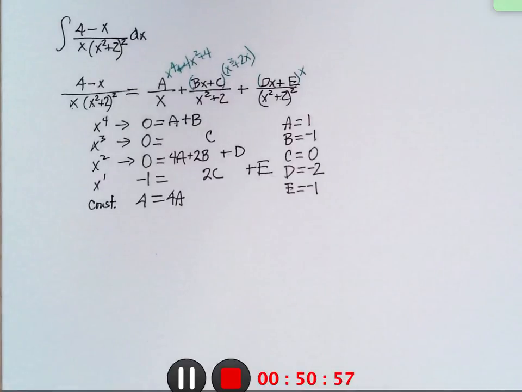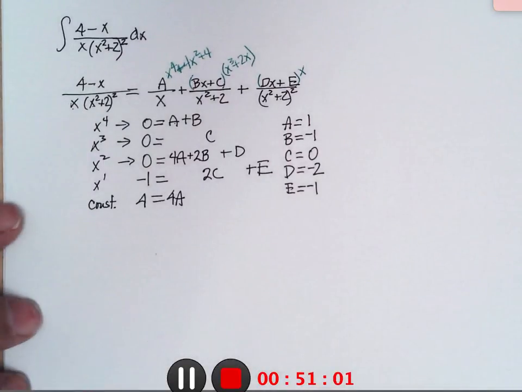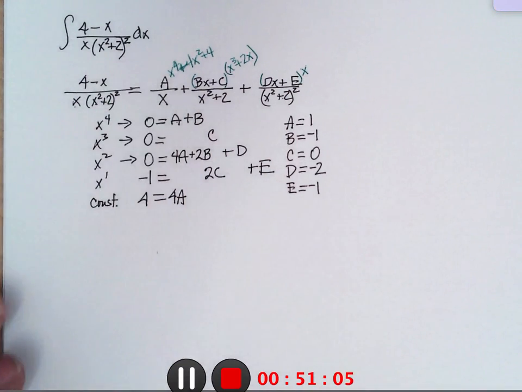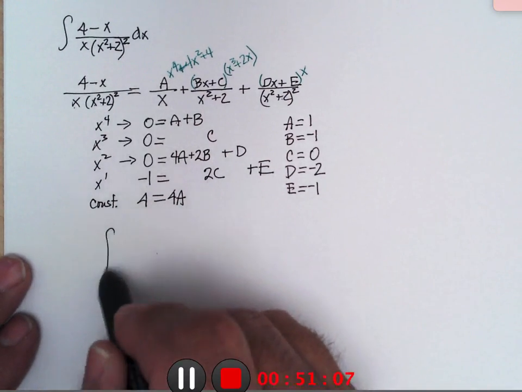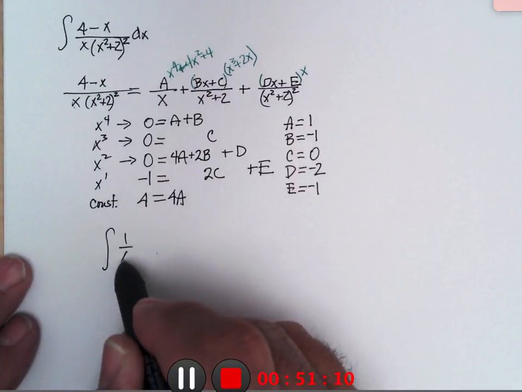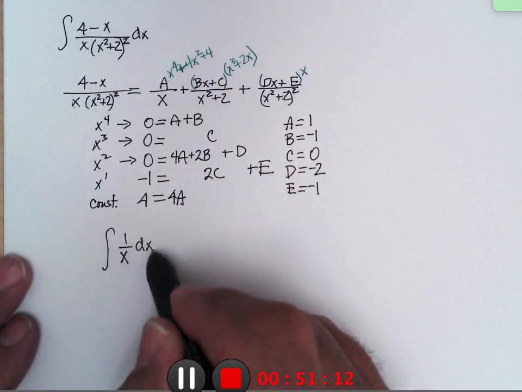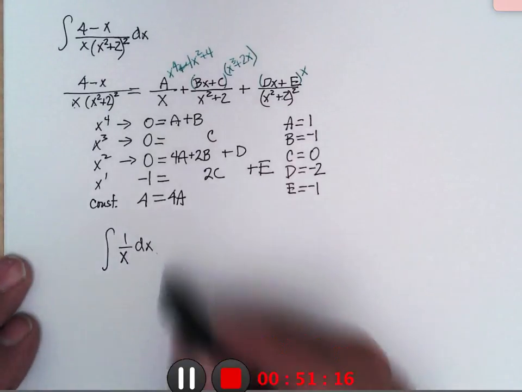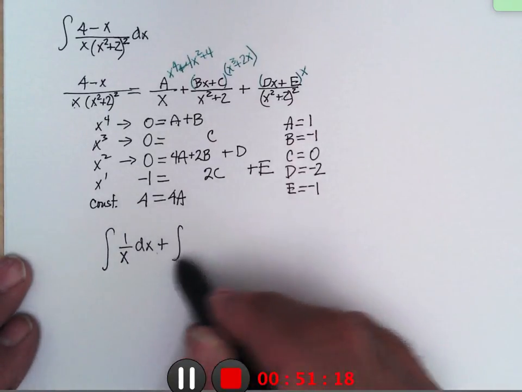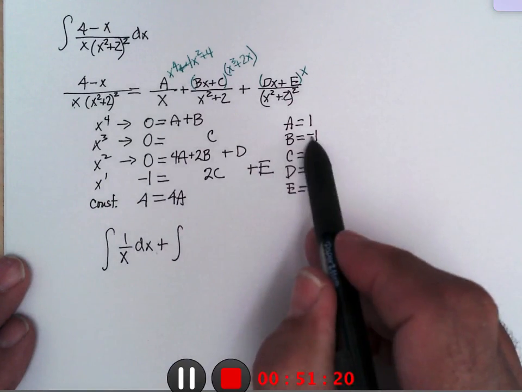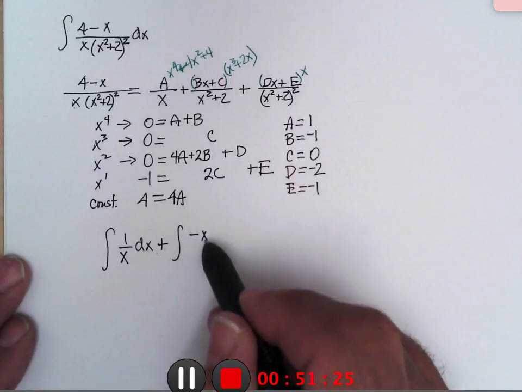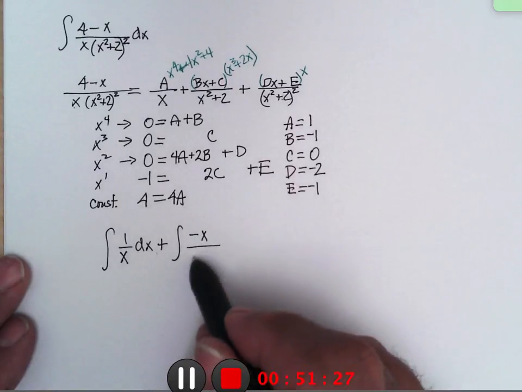So I'm going to jump down because this one's messy enough. This integral, this antiderivative, will become the antiderivative of 1 over x dx times a, which is 1, plus the antiderivative, so b was negative 1, c is 0, so we got negative x over x squared plus 2 dx.